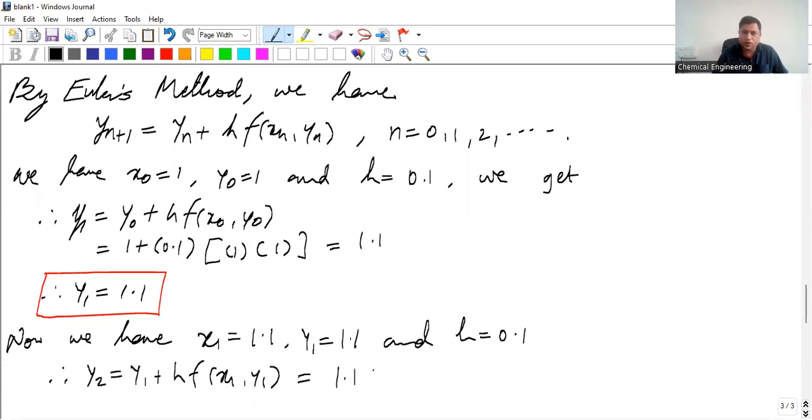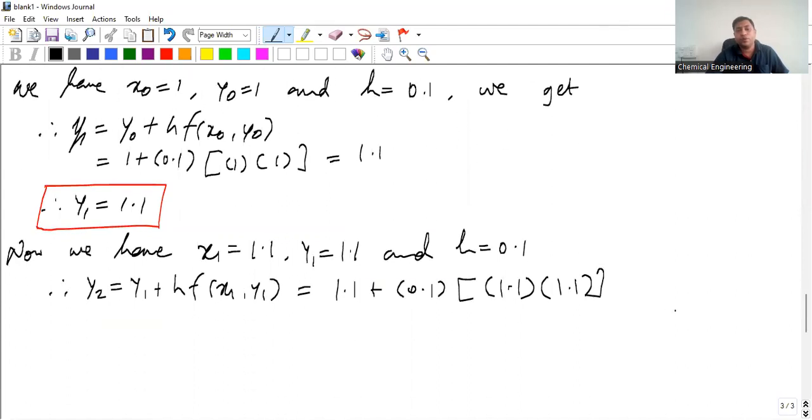That is going to be 1.1 plus 0.1 times 1.1 into 1.1. What is the value of y2 you are getting? 1.221. Very good.